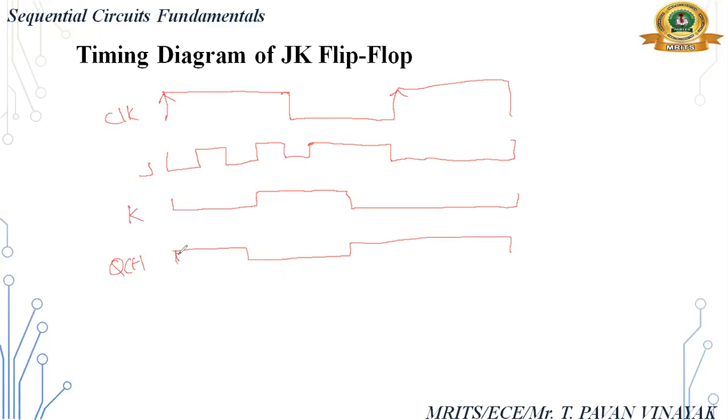Now I have to calculate Q of t plus 1. If you notate this one as Q of t minus 1, you have to take this one as Q of t, because previous state, present state, or present state, next state. You can indicate like this; that is your wish. Now I want to draw Q of t plus 1.